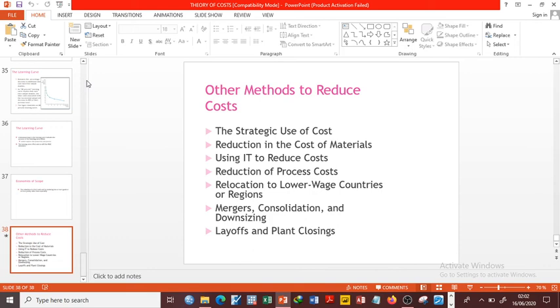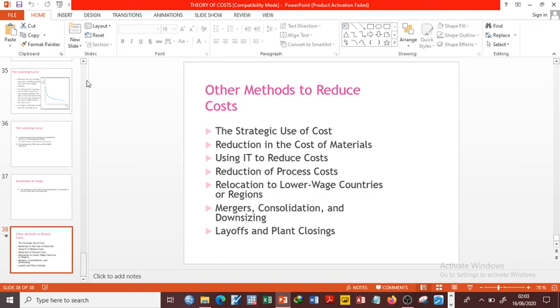Now, what are other methods to reduce costs? Other methods could be the strategic use of cost. Being strategic is being able to think outside the box in a way to reduce costs.